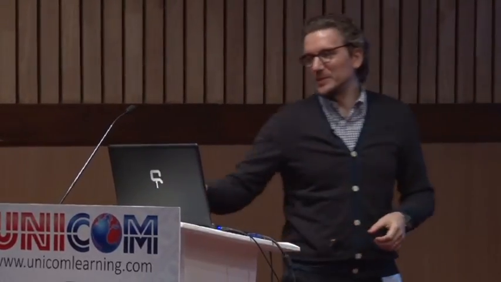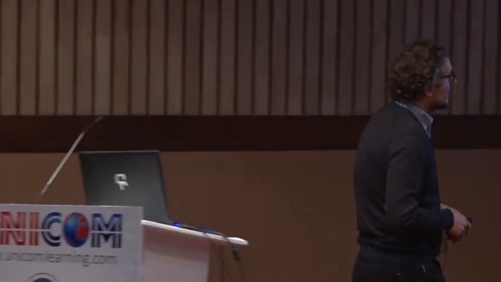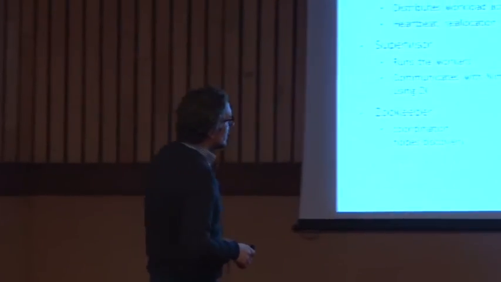So a few words about the Storm architecture. If you're familiar with Hadoop, it should be quite easy to understand. In Hadoop, we have a Hadoop job tracker, which is a master. Here, the master is called Nimbus. And all the work is done by the supervisors.